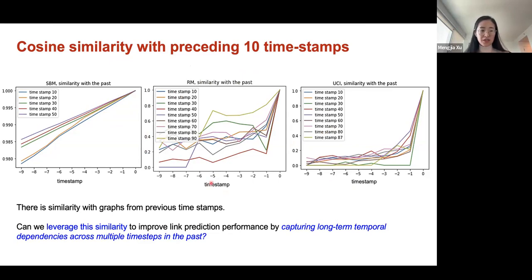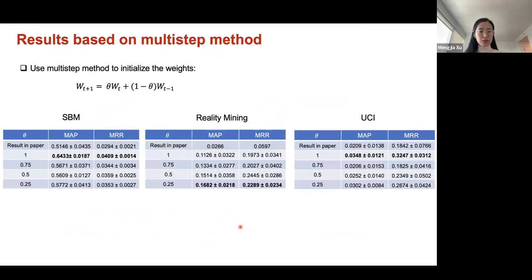And we can see there is a similarity with graphs from previous time steps, changing over time. So if we can leverage this similarity to improve the link prediction performance by capturing long-term temporal dependency across multiple time steps in the past, that's our main motivation to develop another improved approach using transformers.